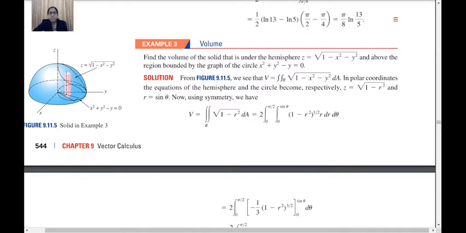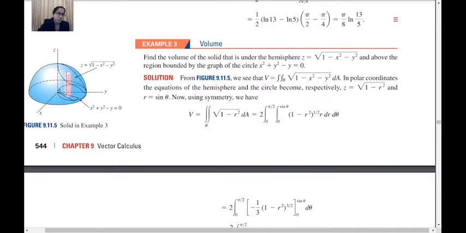Figure 9.11.5 depicts the region. We need to find the volume that is under the hemisphere and above the region bounded by the graph of the circle x² + y² − y = 0.